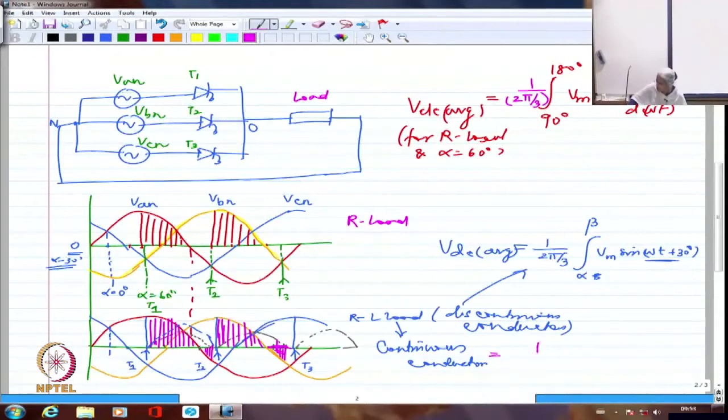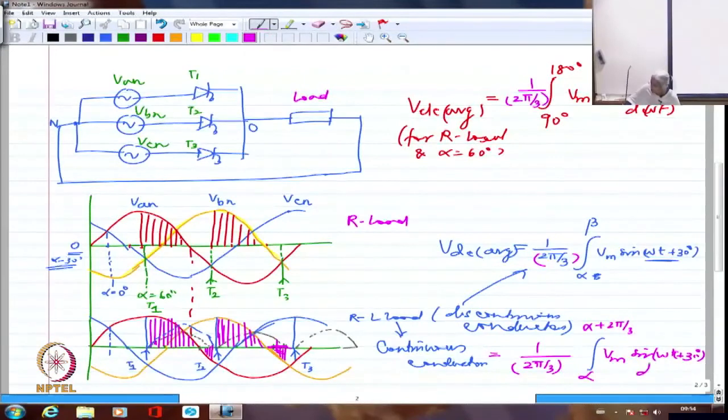But I have to go from alpha to alpha plus 2 pi by 3 because it is continuous. No matter what, every device is conducting for 120 degrees. So I have to go from alpha to alpha plus 2 pi by 3 Vm sine omega t plus 30, of course, d omega t. Right? So I'm going to have the limit set from alpha to alpha plus 2 pi by 3.